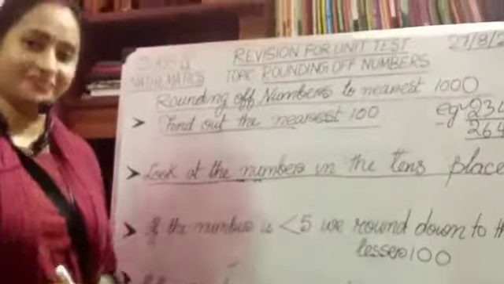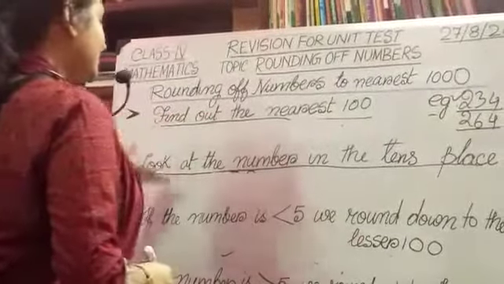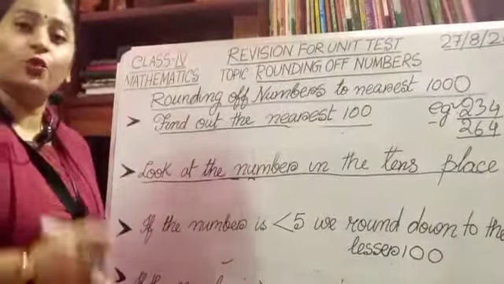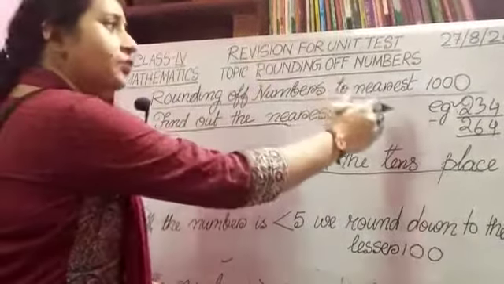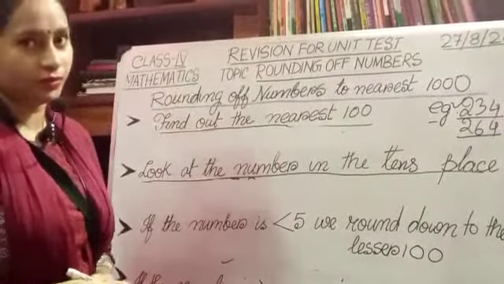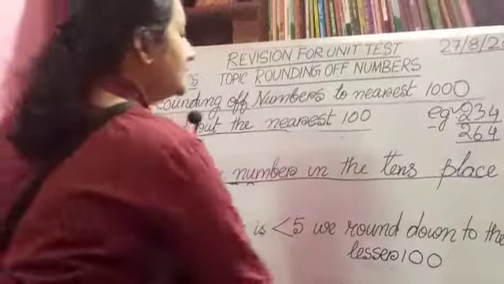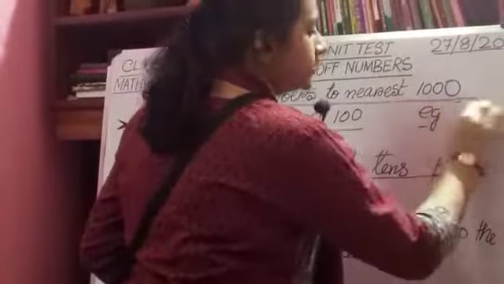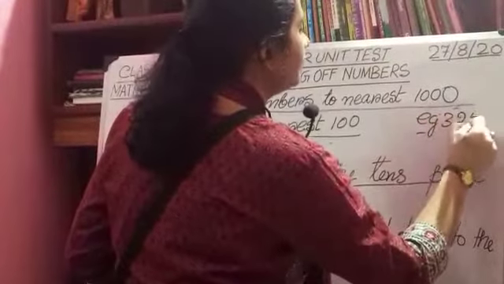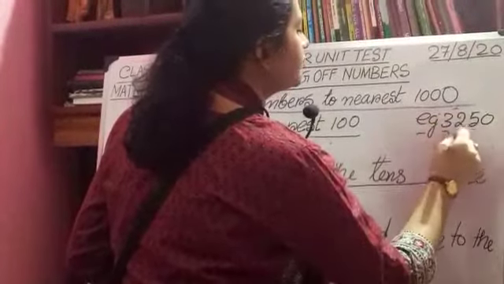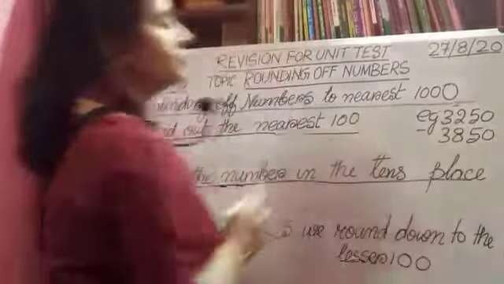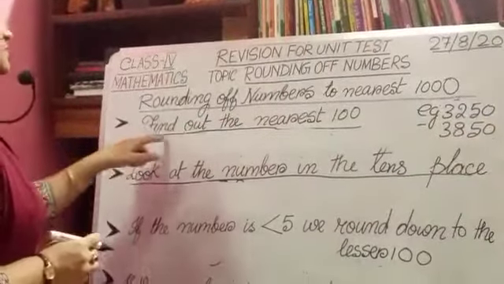These are the basic steps we are going to follow once again for rounding of numbers to 1000 also. Here again I consider two numbers: 3250 and 3850. What was my basic step?